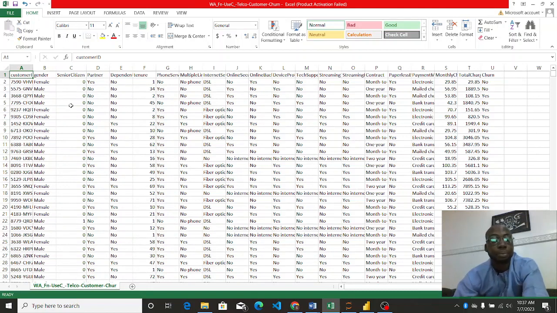From a description I saw, there is no dictionary for the columns actually, but zero means no and one means yes.